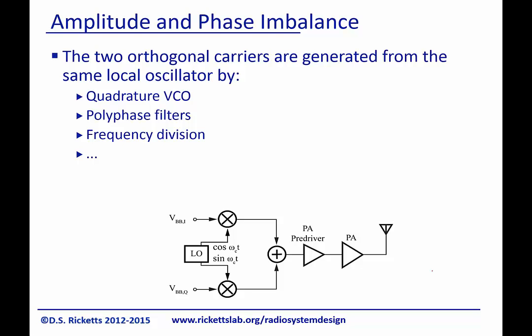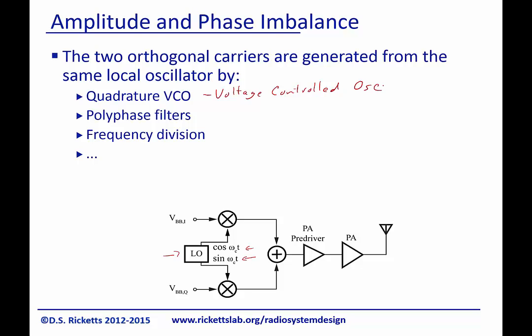Another thing that happens is amplitude and phase imbalance. So we talk about this local oscillator and these two orthogonal signals. The way they're generated is through quite a few different means. One is a quadrature VCO, where VCO is a voltage controlled oscillator, and it's just called a VCO.